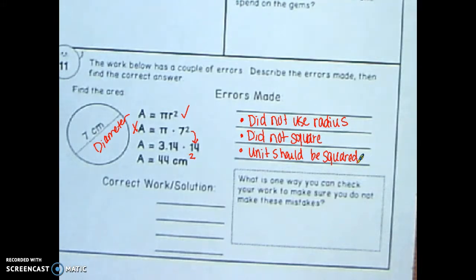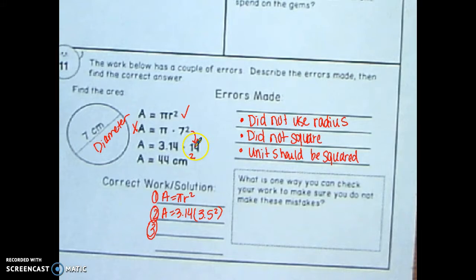Alright, so let's work this out correctly. Area equals pi r squared. Area equals 3.14 times the radius. If the diameter is 7, then the radius is 3.5. So their first error was not using the radius. I put the radius in.